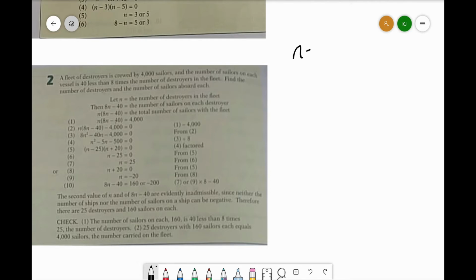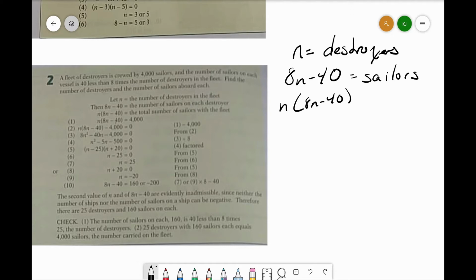So n is going to equal the number of destroyers, 8n minus 40 is going to equal the number of sailors, and then n times 8n minus 40 is going to equal, this is per destroyer, and this is going to be the sailors on the fleet.